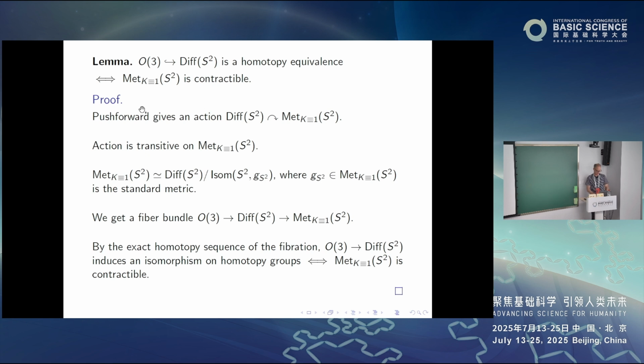Boy, this is ticklish. Okay, so the first step is to notice that if you have a diffeomorphism of the two-sphere and a Riemannian metric, you can use that diffeomorphism to push forward the metric. So if the metric you start with is a curvature 1 metric, the push forward is also a curvature 1 metric. Therefore we get an action of Diff S2 on the curvature 1 metrics. And if a metric on the two-sphere has curvature 1, it's been known since the 19th century that such a metric is isometric to the standard metric. That means you can push forward the standard metric to that metric, in other words, this is a transitive action.